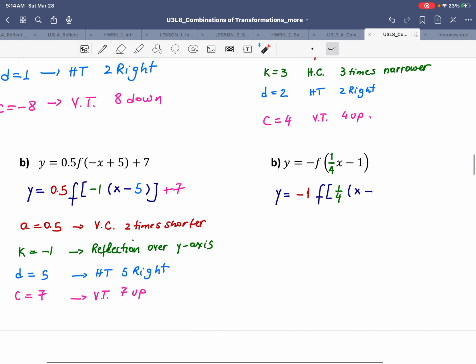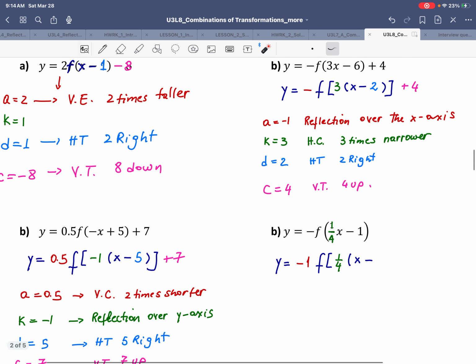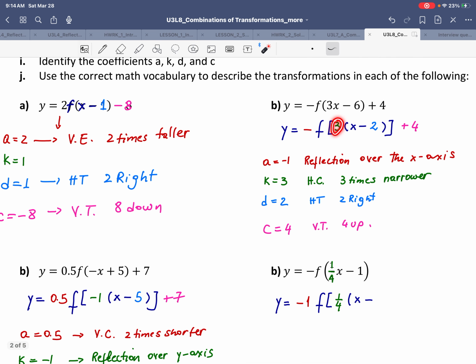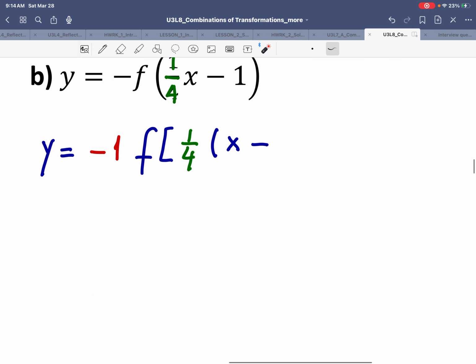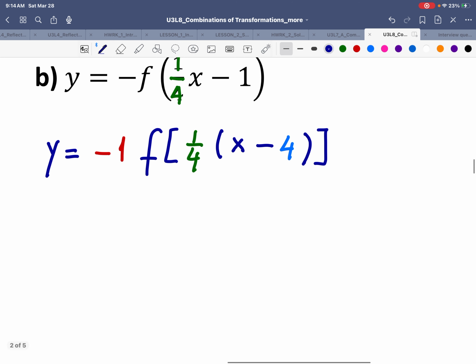It's just like when you are factoring, let's say 3 here, number 6 is divided by 3 to give 2. So when you divide 1 by 1 over 4, you get 4. And then close brackets, and then that's it.